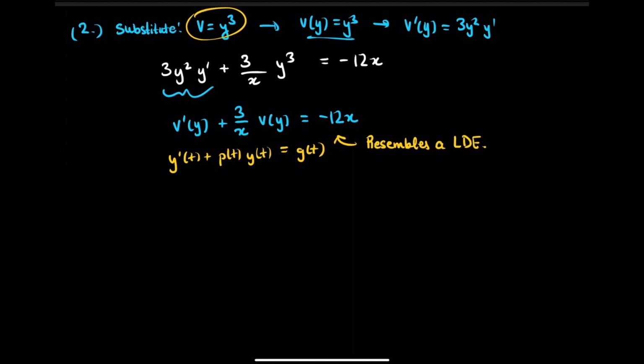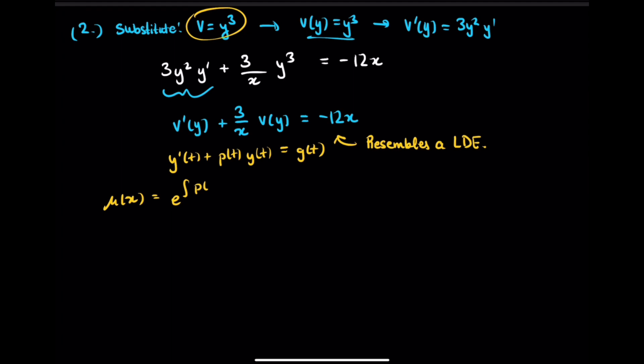And so then your mu(x), recall, was something like e to the power of the integral of p(t) dt. Well, we don't have p in terms of t, we have it in terms of x, so it's going to be in terms of x. You could write this as p(x) dx, just to be very clear.